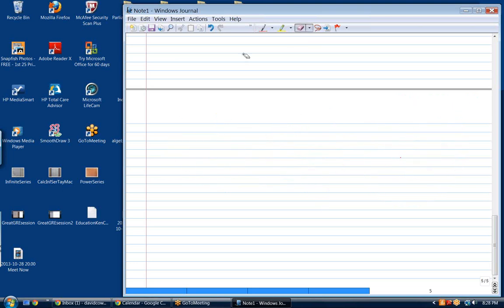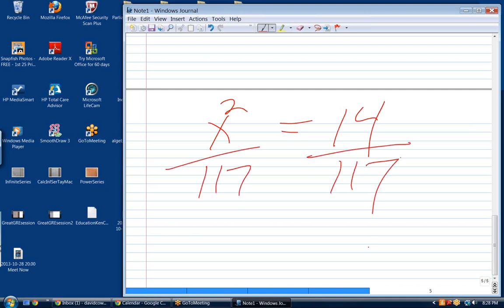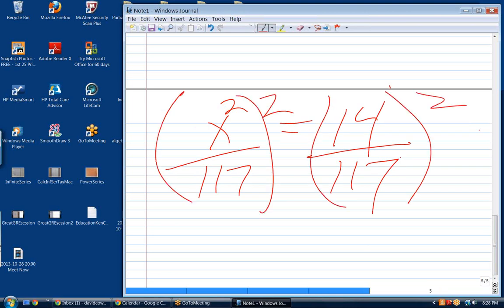Remember, equations, you can do anything you want to both sides as long as it's the same. If I want to divide both sides by 117, I can. If I want to square both sides, I can. If I want to take the log of both sides, I can. If I want to take the integral of both sides, I can.